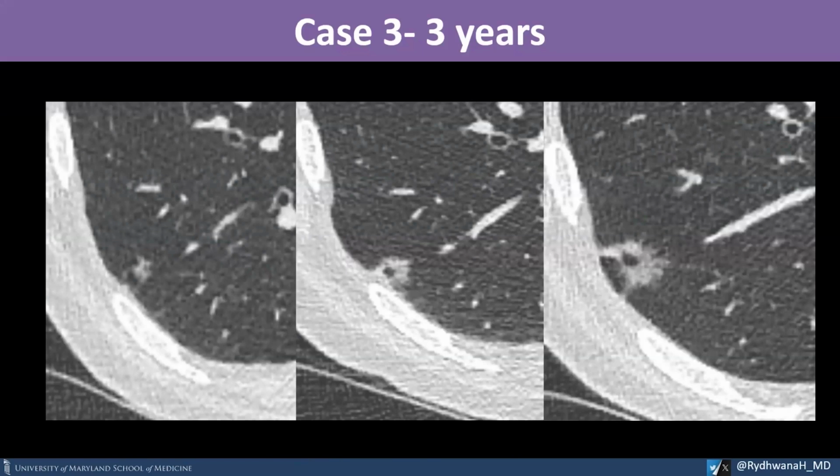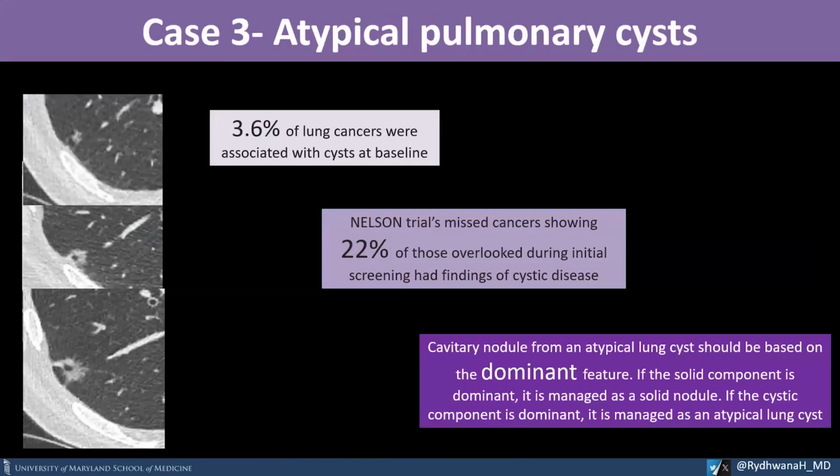So let me show you a case of a patient's right lower lobe cystic nodule here. There's a cyst here, and over the course of 3 years, you can see that this nodule along the surface of this cyst is increasing in size and density as well as spiculation. So obviously in the course of 3 years, this is highly suspicious. And this is an atypical pulmonary cyst, and about 4% of lung cancers were associated with a cyst at baseline.